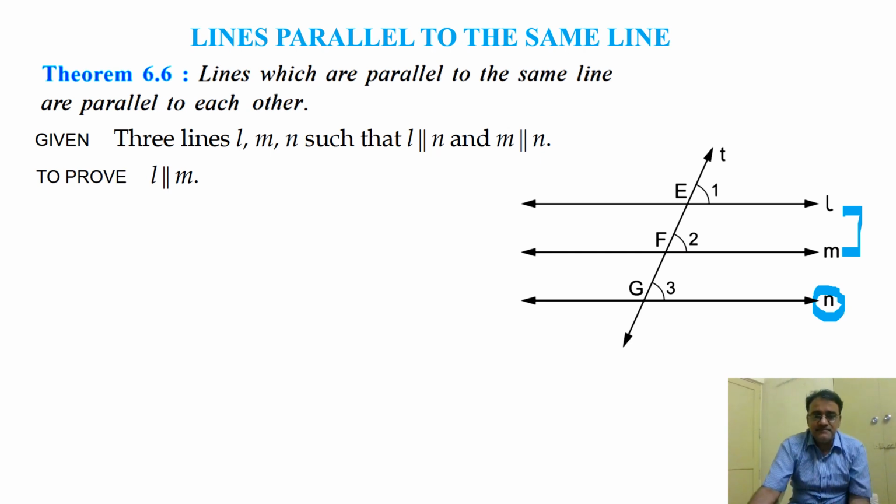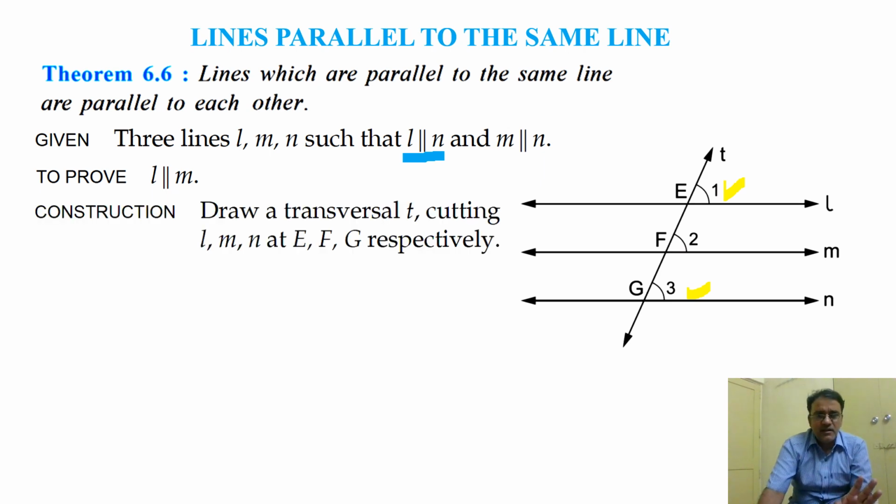Now next step में हम लोग क्या करेंगे, सबसे पहले what is given that L is parallel to N. So L और N का corresponding angle क्या है, 1 और 3. So angle 1 is equals to angle 3.